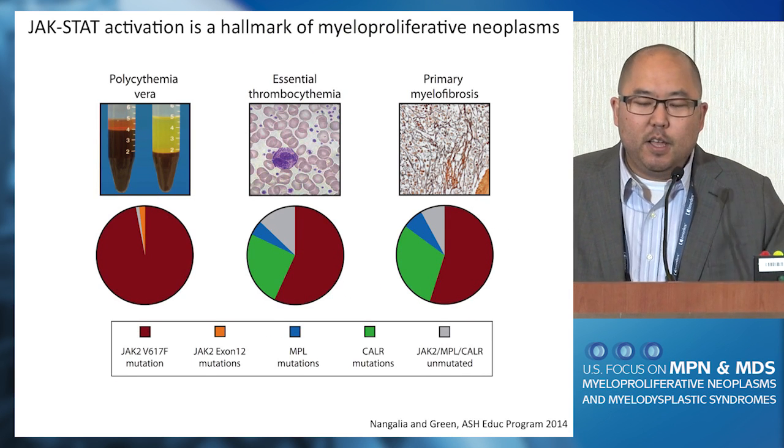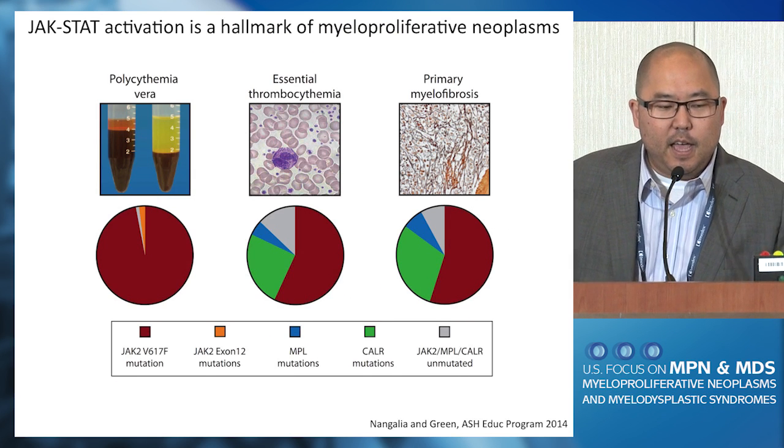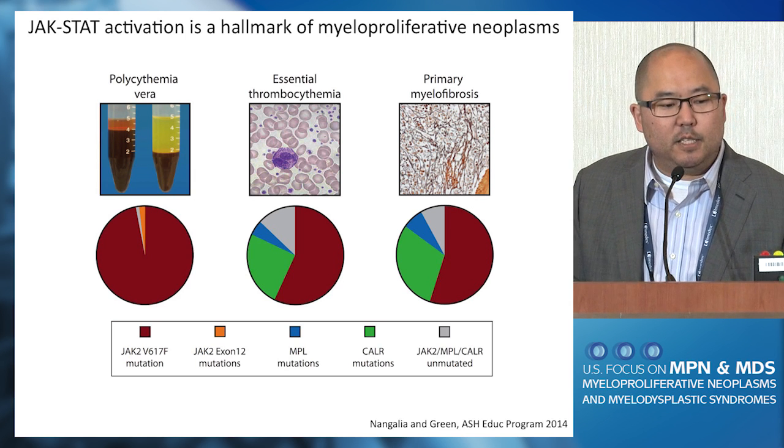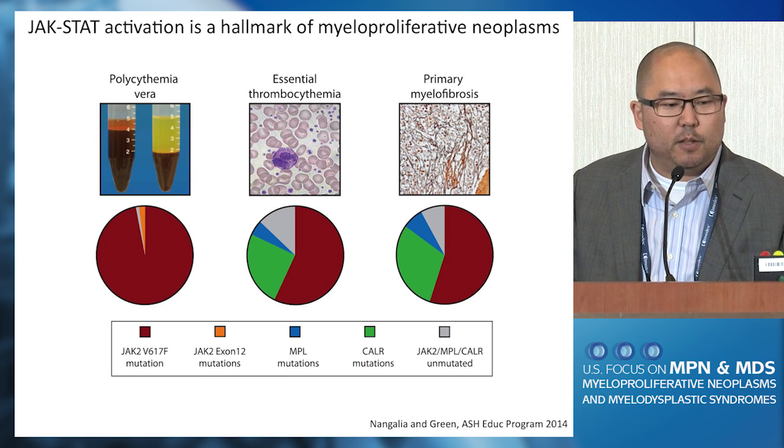All right, so anyway, again, these calreticulin mutations appear to activate JAK-STAT signaling and now can be grouped together with JAK2, MPL, et cetera, as being mutations that are part of this hallmark of JAK-STAT activation in the myeloproliferative diseases. So we're filling in the pie here now.